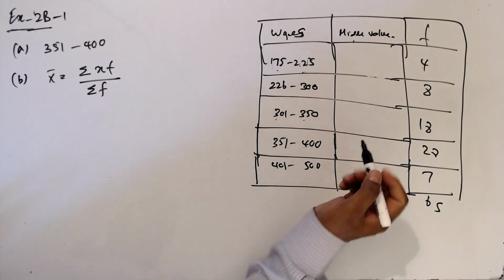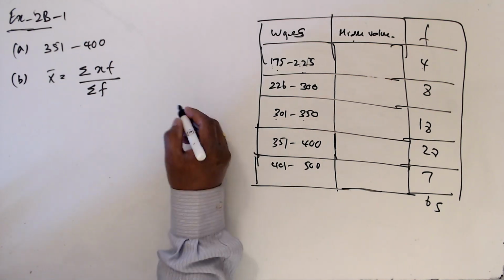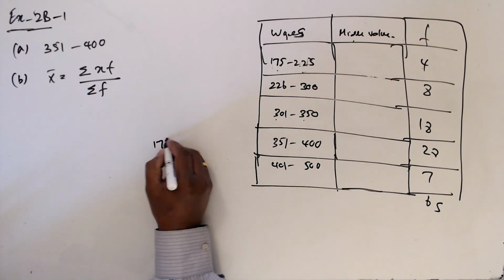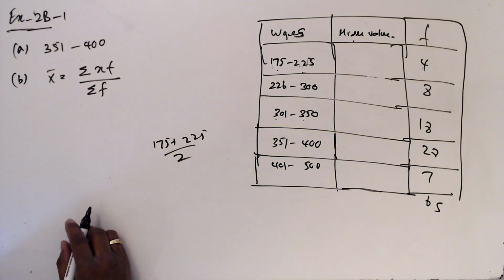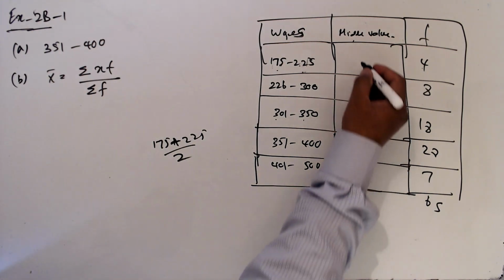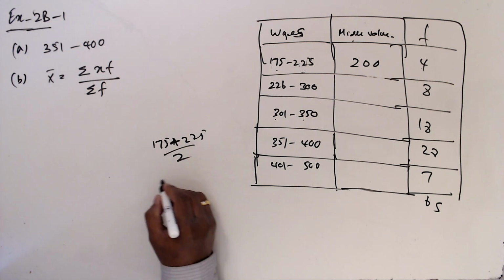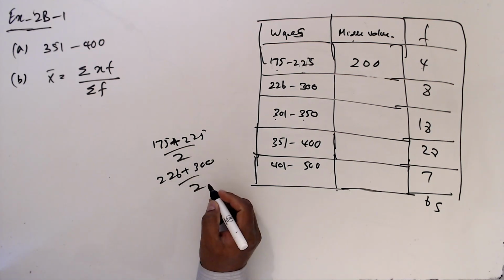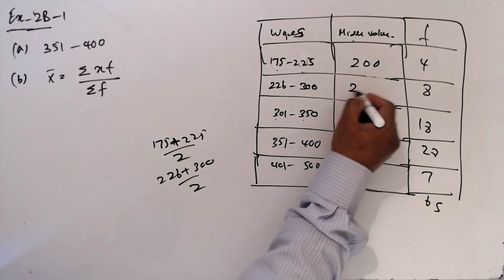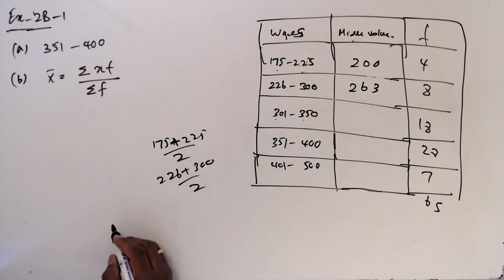So we'll find the middle value of this class interval. 175, 225. So 175 plus 225 divided by 2. That's how we find the middle. So this value is going to be 200. Then 226 plus 300 divided by 2. This value is going to be 263.